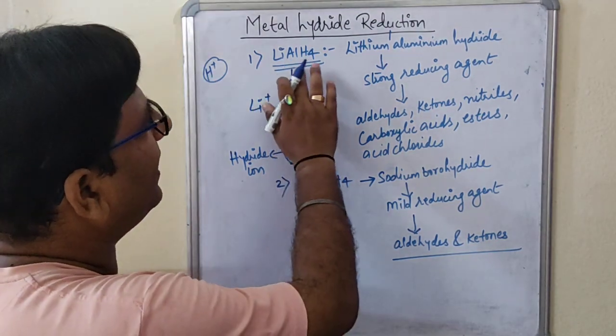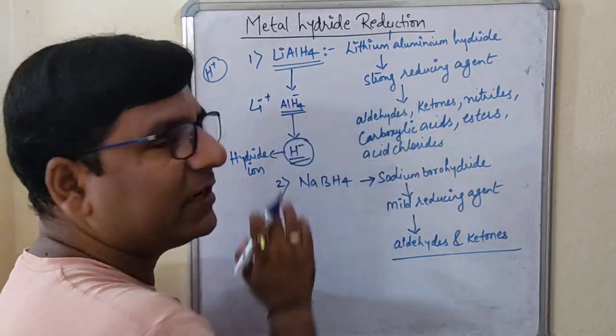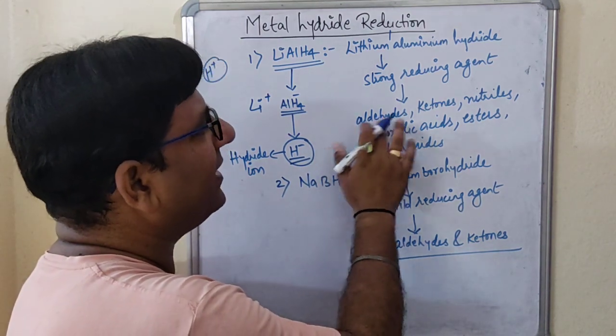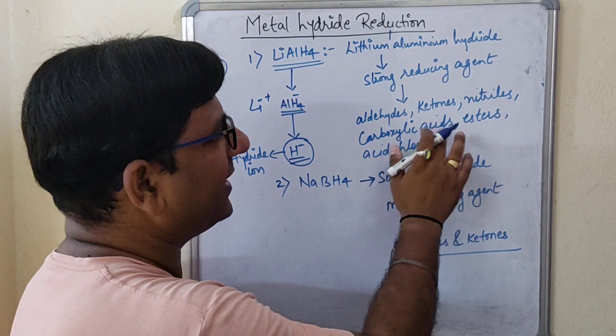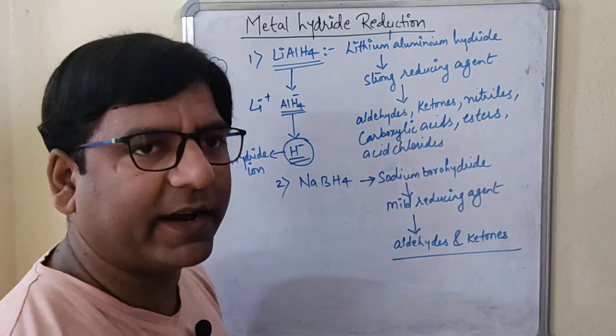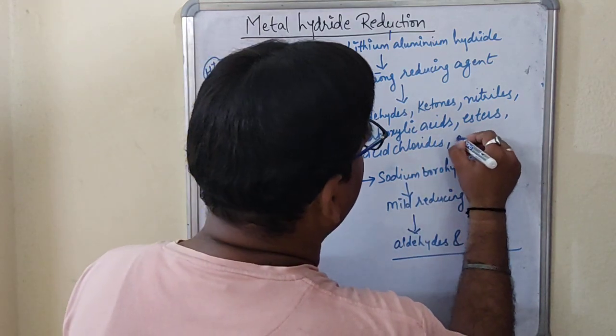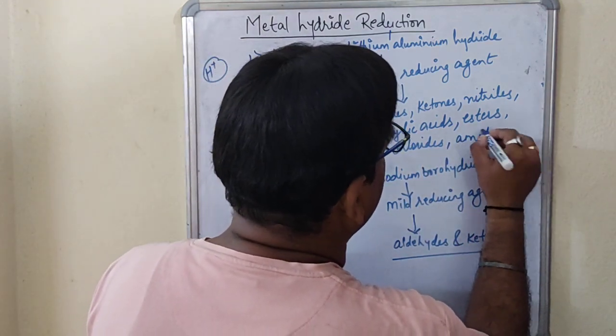But when you are using LiAlH4, being the strong reducing agent, you can reduce a number of different compounds, that is the aldehydes, ketones, nitriles, carboxylic acids, esters, acid chlorides.